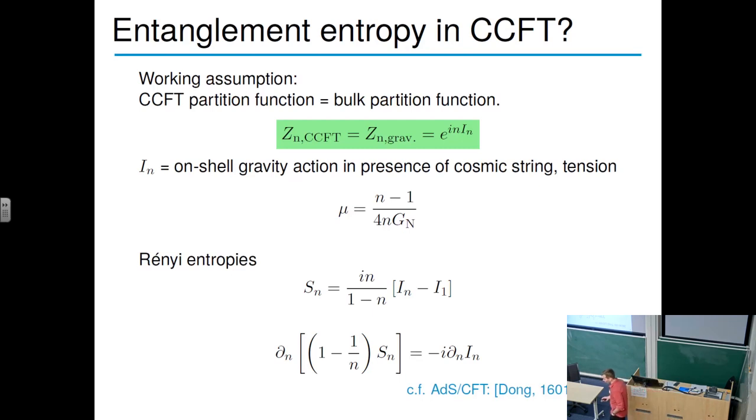So one philosophy that we took was that it's the extension of the relationship between scattering amplitudes and correlation functions to the case of zero particles. The partition function of the gravitational theory is like the vacuum to vacuum scattering amplitude, roughly, and so it should be like a 0-point correlation function in the CFT, which is also like the generating functional.